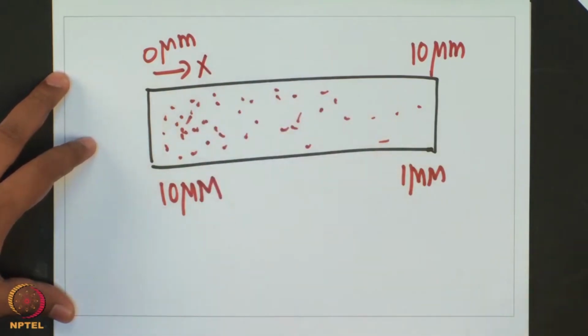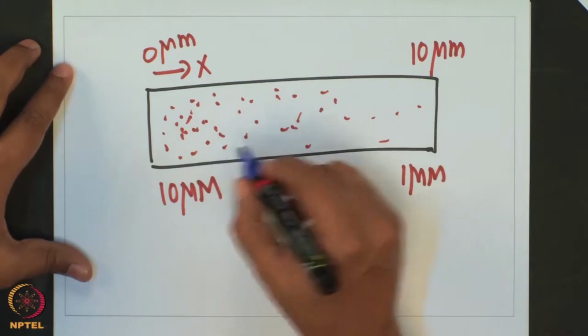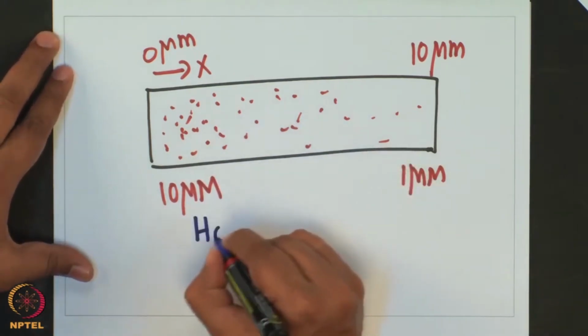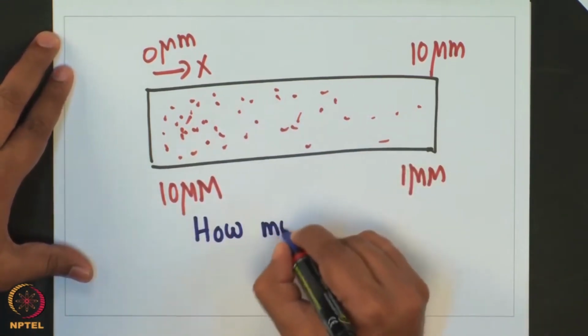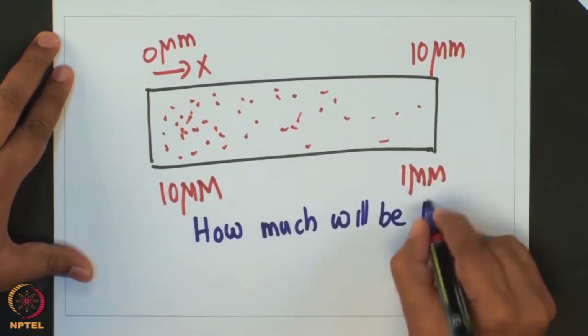the concentration changes, and the question we have to ask is, how much will be the flow, or diffusive flow? How much will be the diffusive flow in this case?